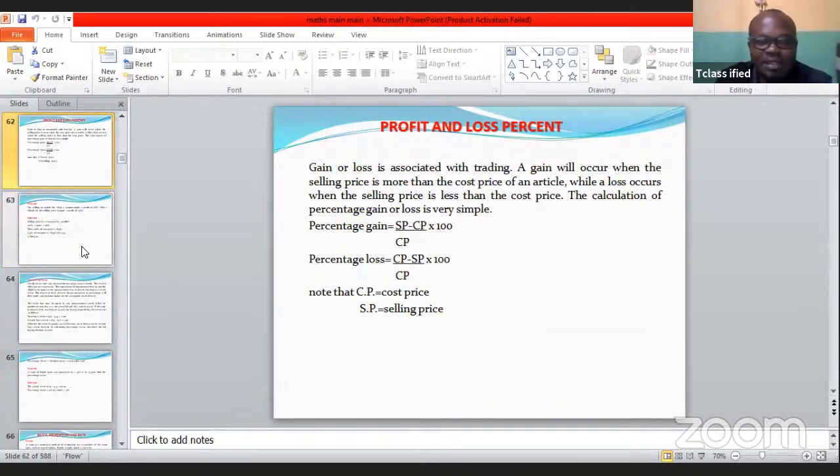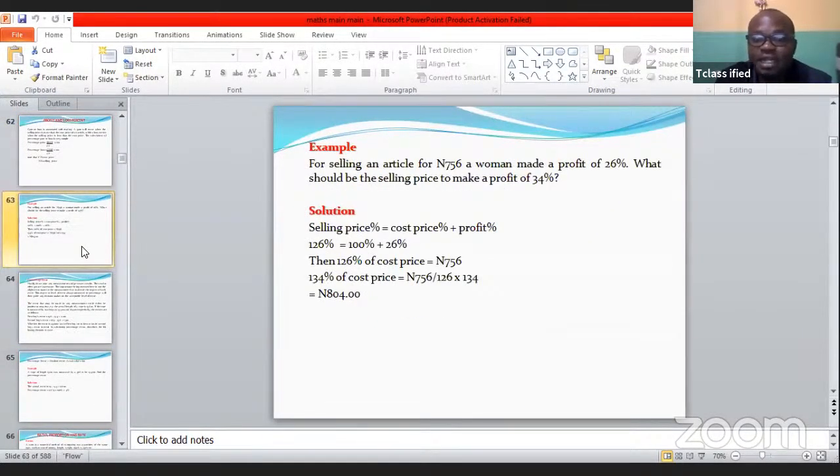So let's look at some simple examples. For selling an article at 756, a woman made a profit of 26%. What should be the selling price to make a profit of 34%? So selling price percent is equal to cost price percent plus profit percent.